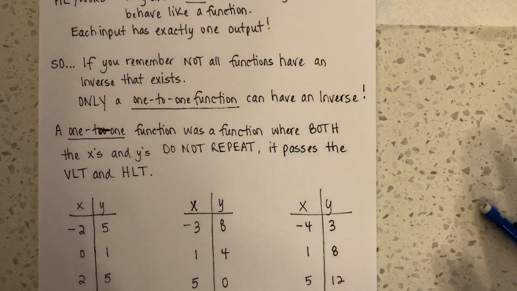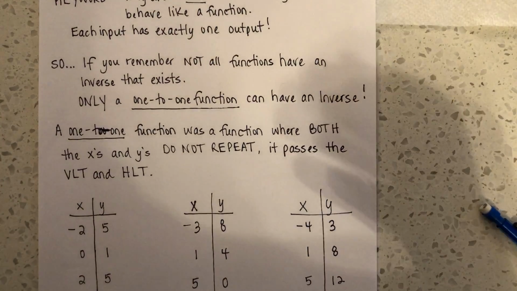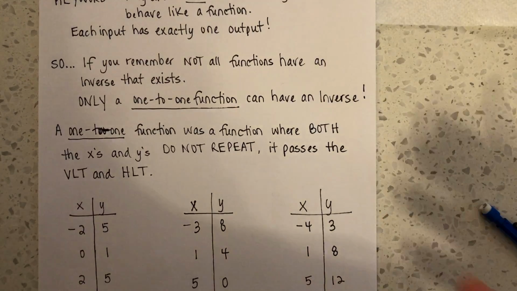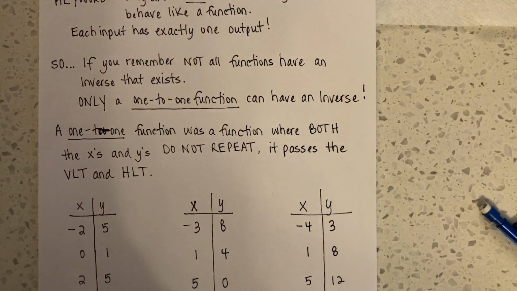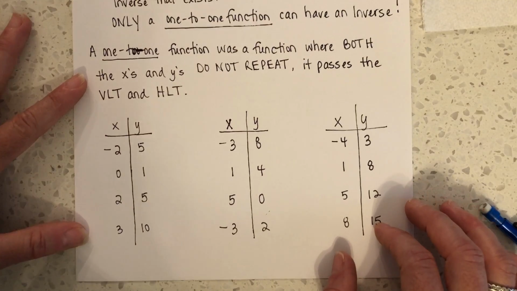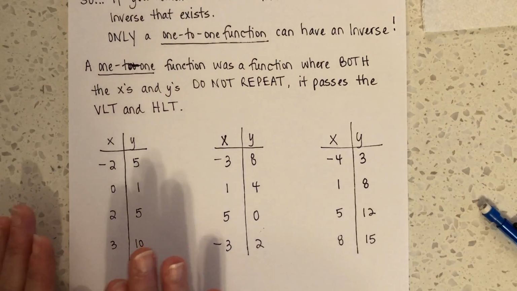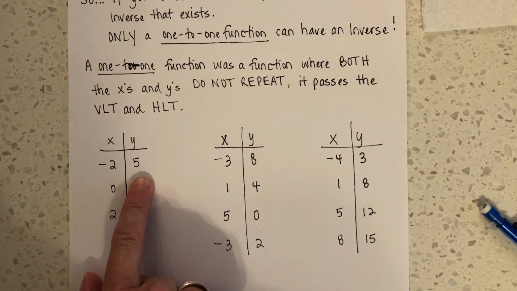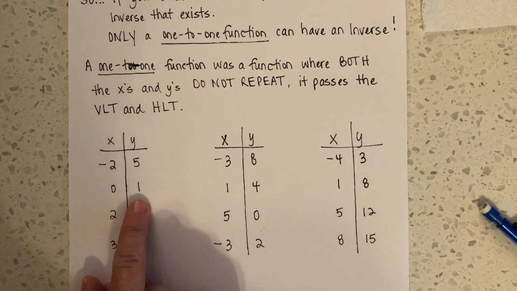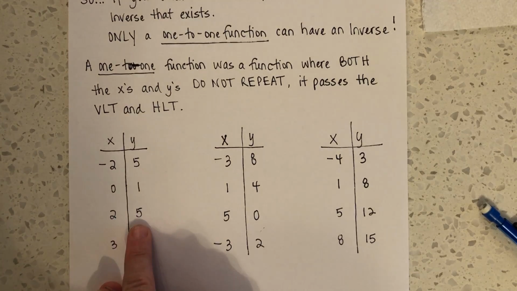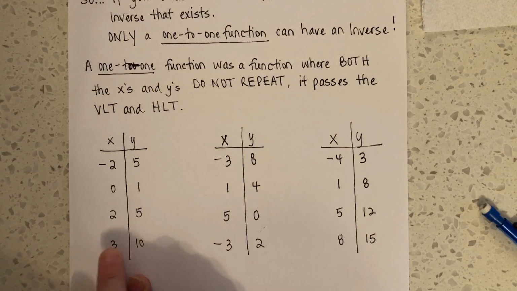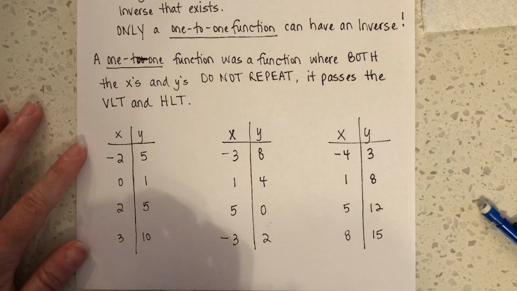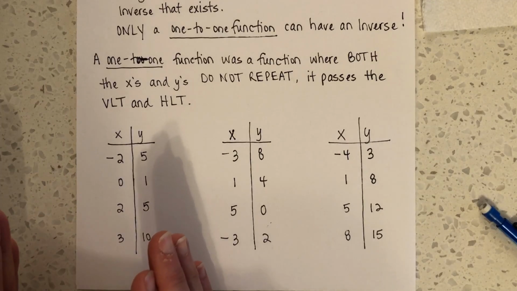So let me show you why it has to be a 1-to-1 function. Why do we want the x's and the y's to not repeat in order to have an inverse that exists, okay? Well, look at this table of values, right? According to this table, when x went in as -2, 5 came out as y, right? 0 went in, 1 came out, 2 went in, 5 came out, 3 went in, 10 came out. Based off of these values, we can say this is a function, okay?